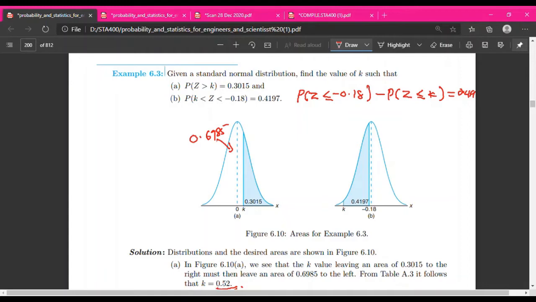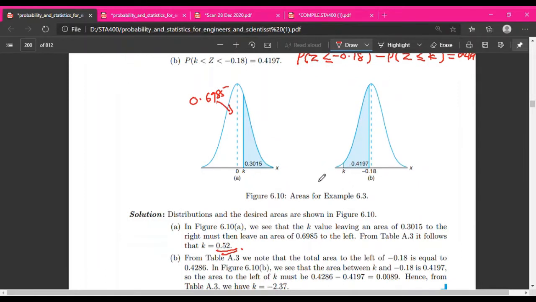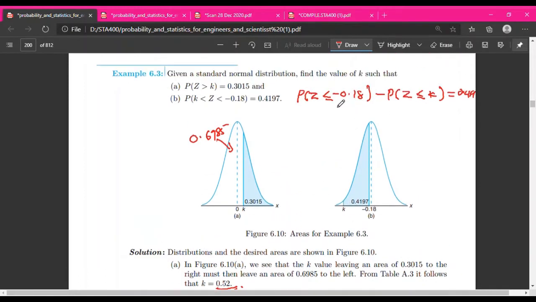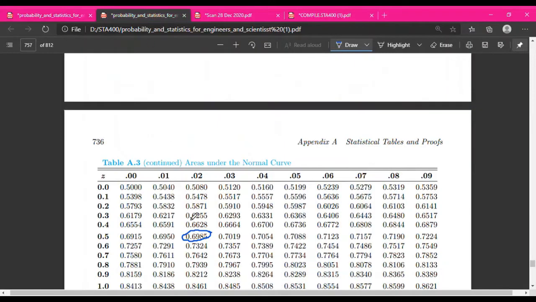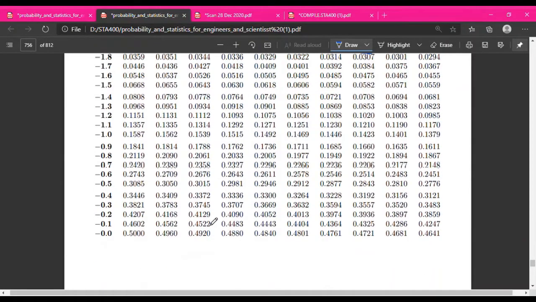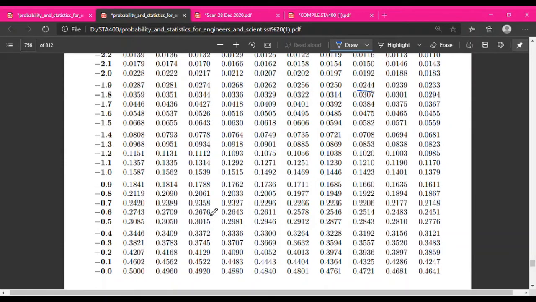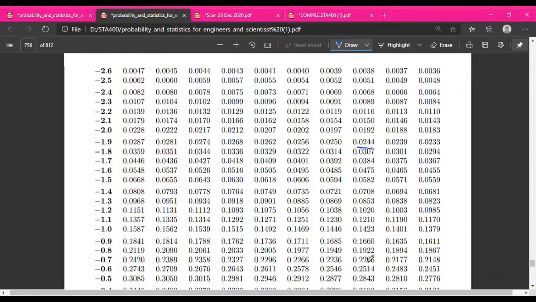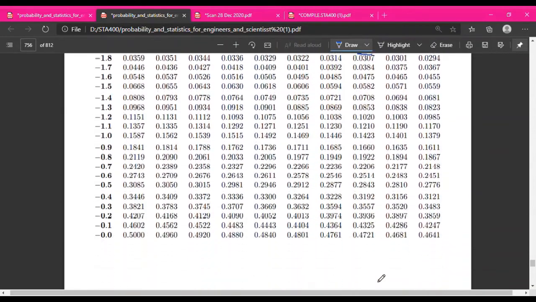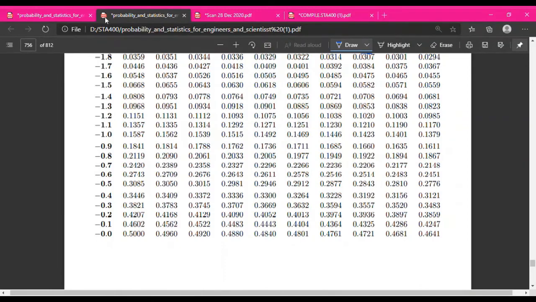Okay, so kita nak cari nilai K di sini. Okay, negative 0.18 kita boleh tengok, Z negative 0.18. Okay, 18 here. So ni 0.4286.